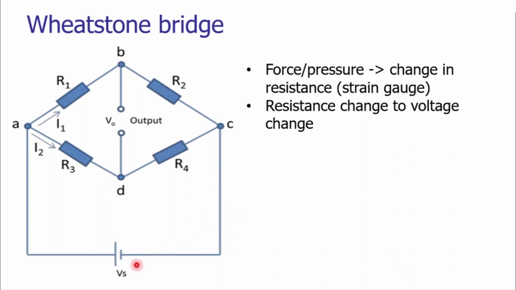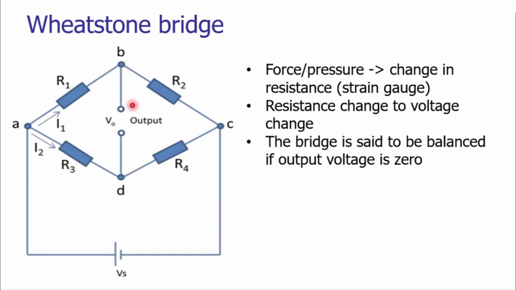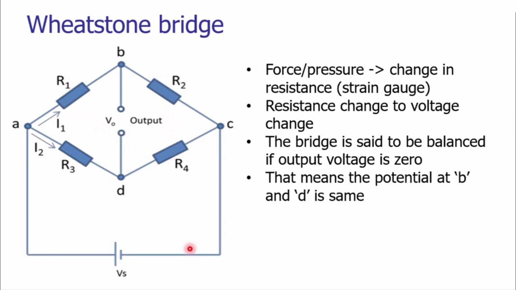A supply voltage Vs is applied across the two junction points A and C, and we get the output from the bridge across points B and D. When the output voltage VO is 0, we say that the bridge is in a balanced condition.